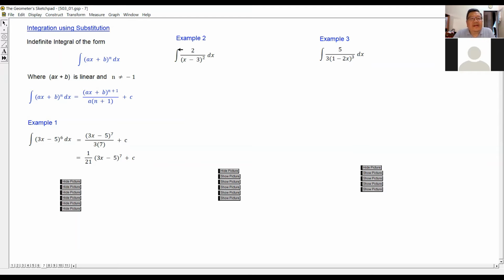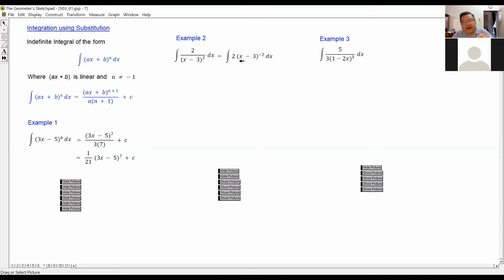When you look at example 2, the bracket is at the bottom, so we cannot integrate straight away. You have to modify or simplify it a bit first. How? The 2 you just leave outside, and this bracket to the power of 2 means this bracket raised to the power of -2.